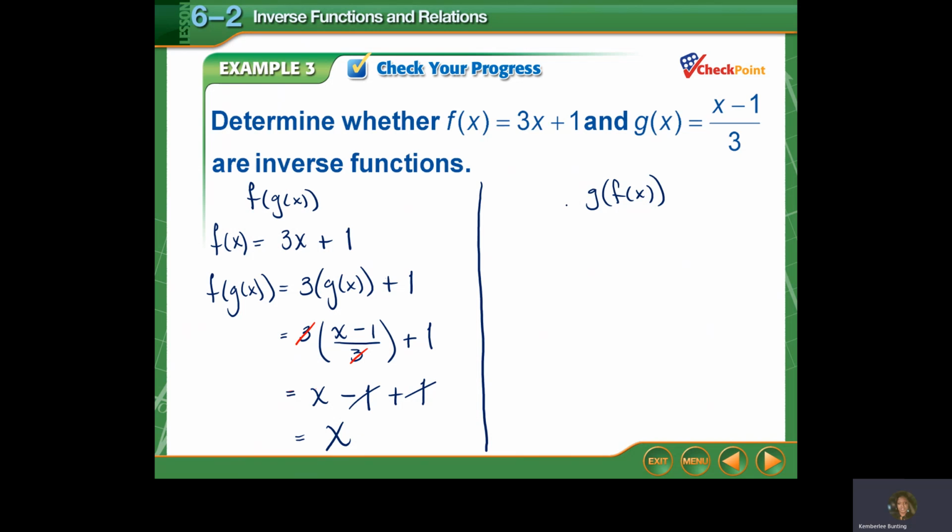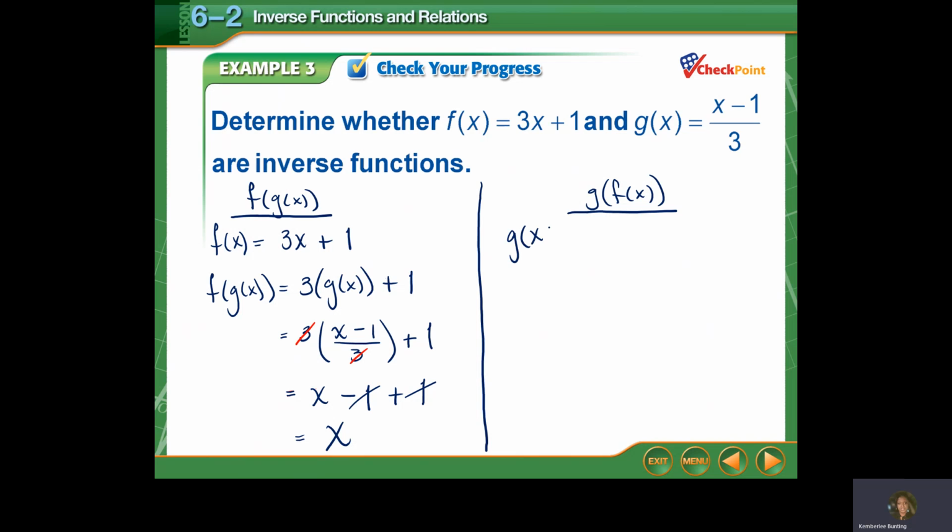All right, so now let's shimmy over here to this side and find g of f. Come on, you guys have to do this on your own. I'm going to do the same thing like I did before. I'm going to start you off, but you've got to... If you just sit here and copy down what I write, you're not learning anything.